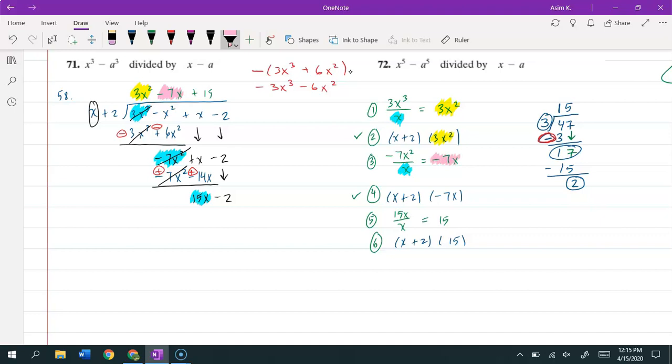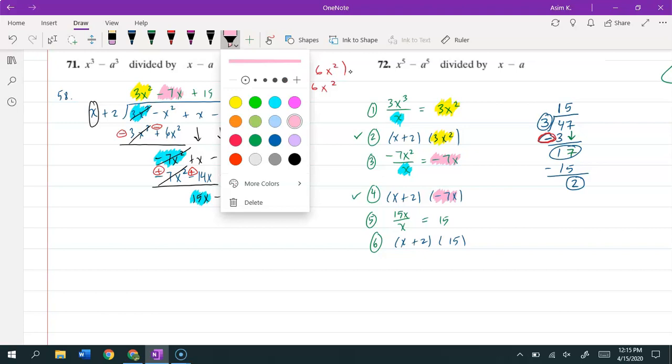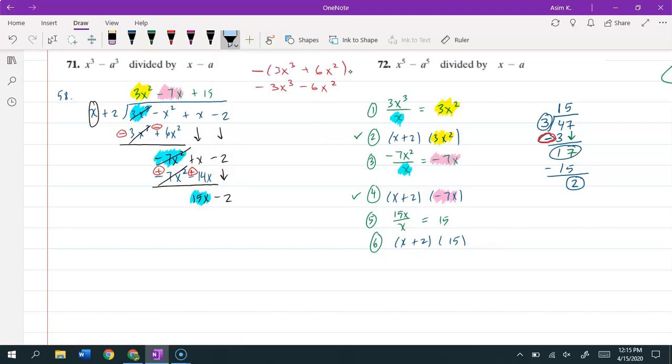Where does it show up? You multiply it to x plus 2, right? And then finally, for lack of a better color, I'll go to blue, but 15, and then 15, where does that show up? It shows up over here, right? I highlighted that for you just to help you keep track of where we're going with this.